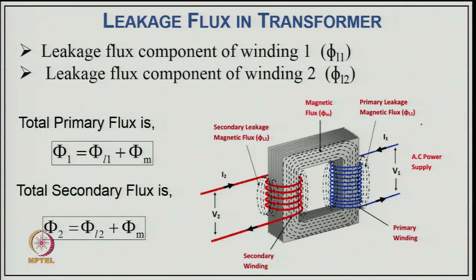And you can clearly see in this diagram the main magnetic flux, the leakage flux of the secondary, and the leakage flux of the primary. Of course, we define the primary as the winding connected to the source, and the secondary as the winding normally connected to the load. So, this gives you a clear idea how the leakage flux is there in the transformer.